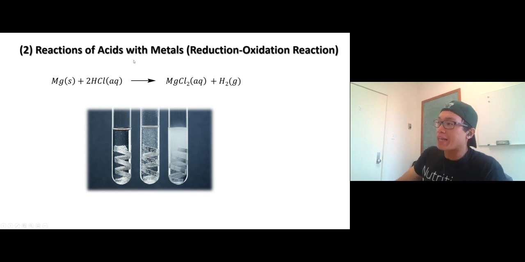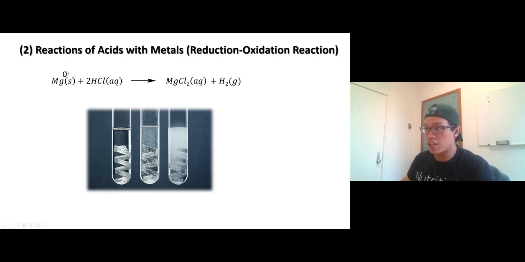So acid reacting with metal is also called a reduction-oxidation reaction. If you still remember, what is the oxidation number of just an element, a metal as it exists in nature? 0. So everything you see has a 0 charge because they're neutral and stable. So magnesium is 0. But in magnesium chloride, magnesium has already lost electrons and become +2.